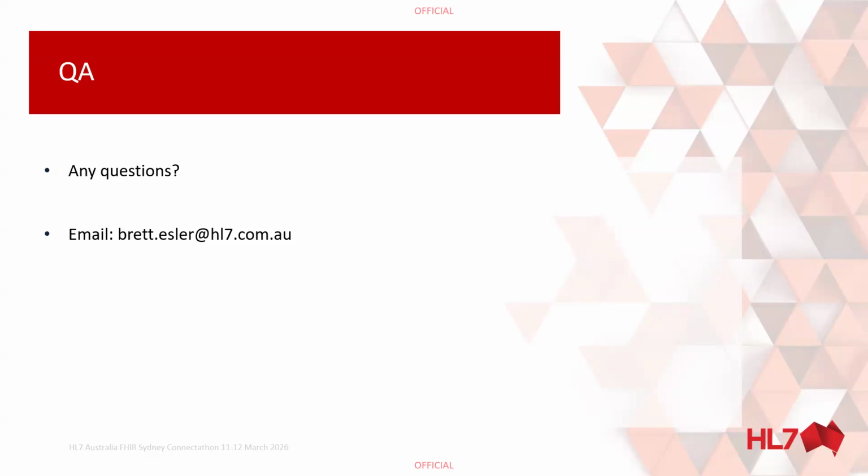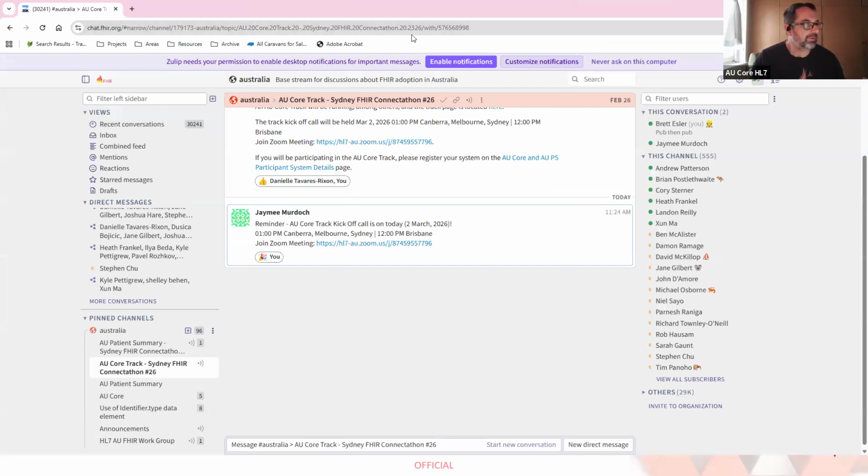Thanks, Brett. That's good. The only other thing that may be relevant is to note there is a Zulip page available, and I'll make sure that this gets onto the slides. But there is a specific track for the AU Core Connectathon.